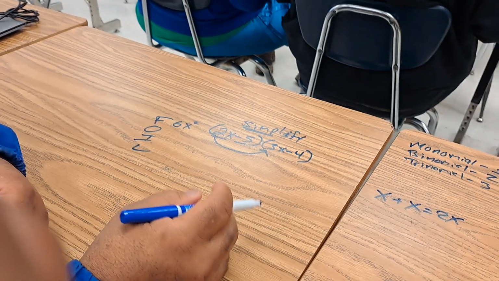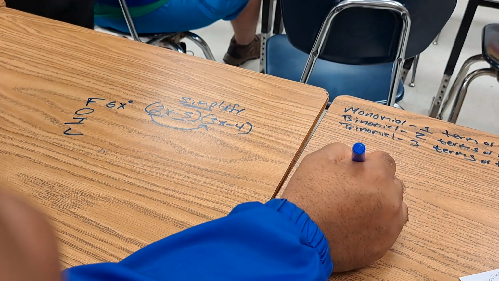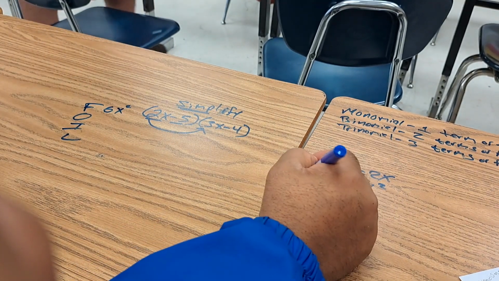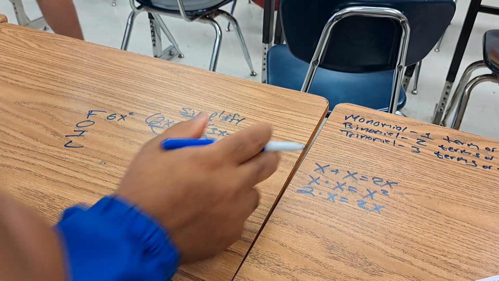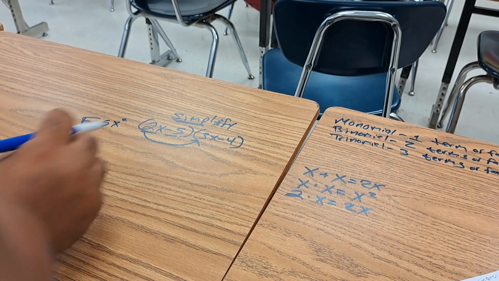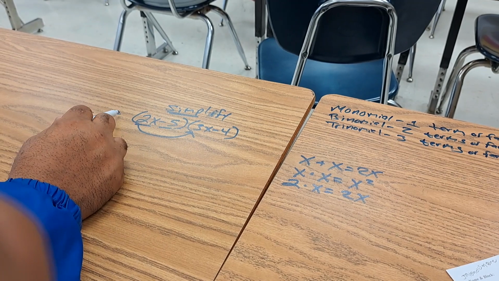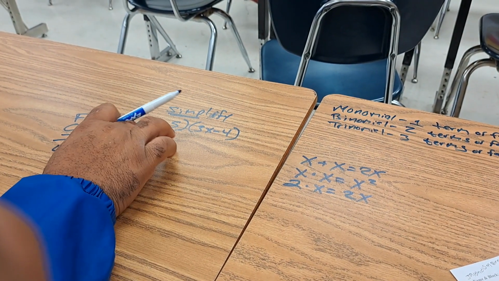You got it? Now, x times x is x squared. 2 times x is 2x. So there's a big difference. All right, so 2 times 3 would be the 6. x times x would be x squared. Now, that was the first part, right?